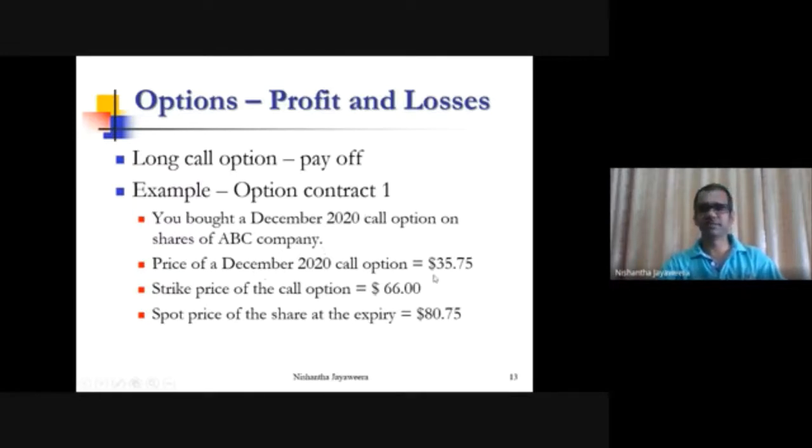The premium is $35.75. Strike price is 66. Spot price of the share at the expiry is 80.75. So if the spot price on the expiry date is 80.75, what do you do when the strike price is 66?